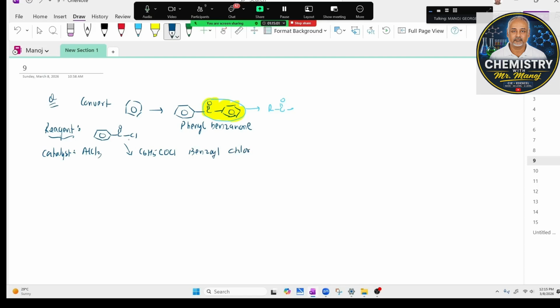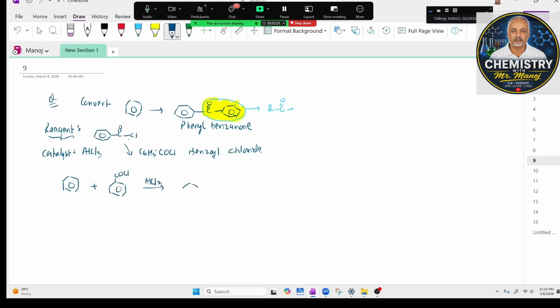Everyone, on a scale of 0 to 10, where are you on this one? Do you understand that I need to do this reaction? So let's write it this way. That's the benzene, and I want to react it with this compound, COCl. This is where the reaction is happening.